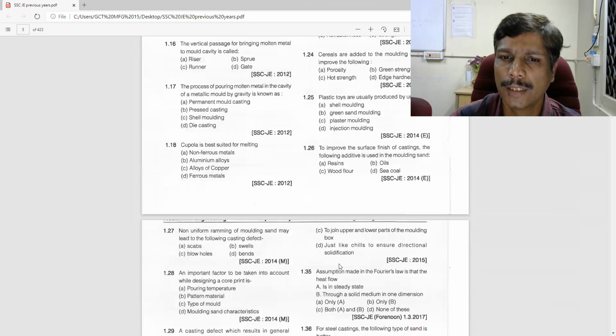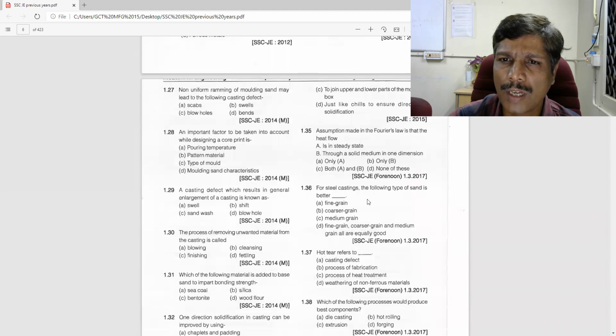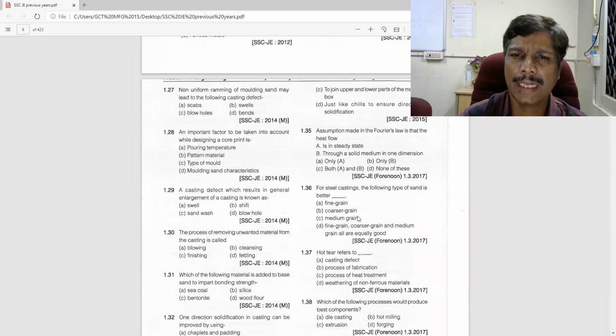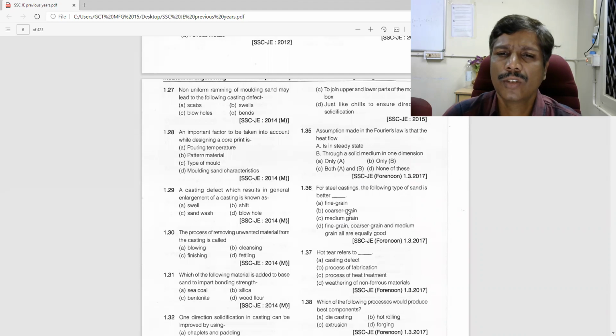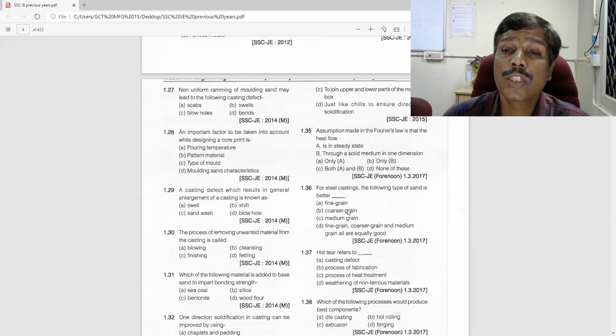We already know that. Next, for steel casting, the following type of sand is better. We have fine grain size sand, coarse grain size sand, and medium grain size sand. Different varieties. For steel casting, it is coarser grain.